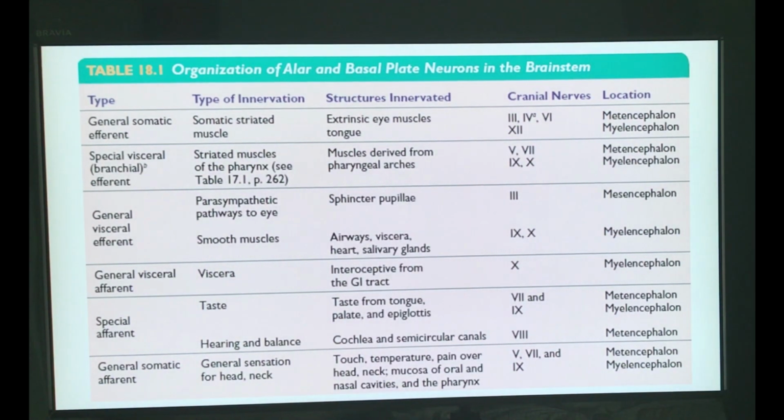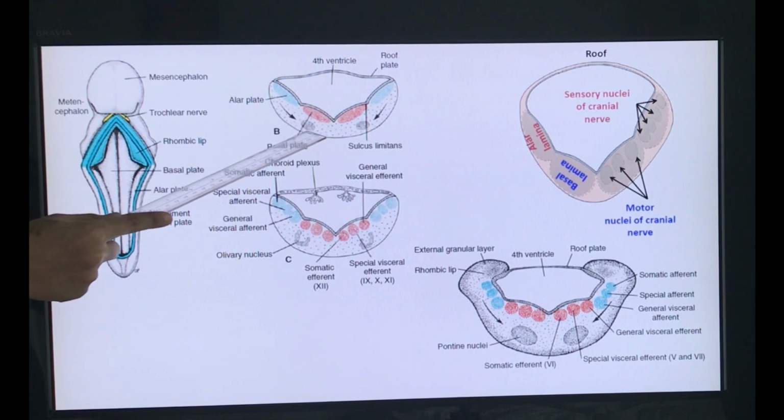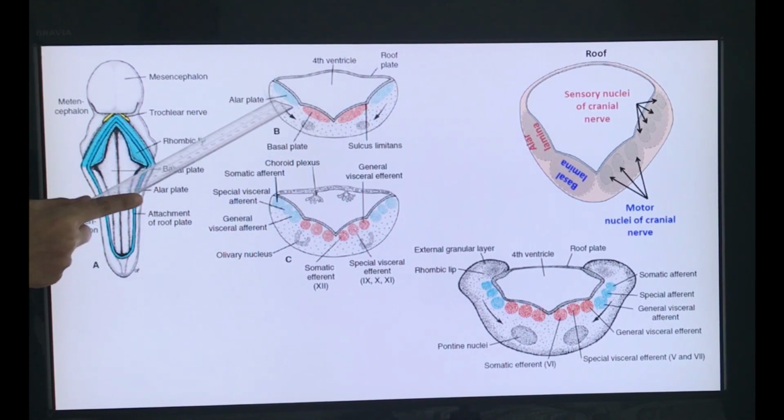If you see here in the spinal cord, the alar plate was on the dorsal aspect and the basal plate on the ventral aspect, but here, especially in the rhombencephalon, the lateral edges elongate laterally, so that's why you can see the basal plate lying on the medial aspect and the alar plate lying on the lateral aspect.